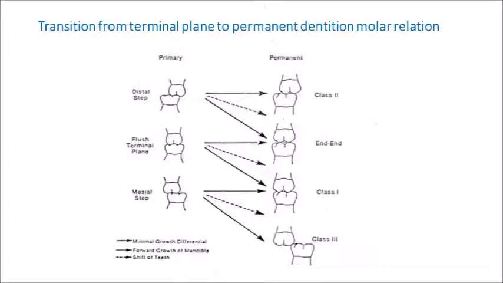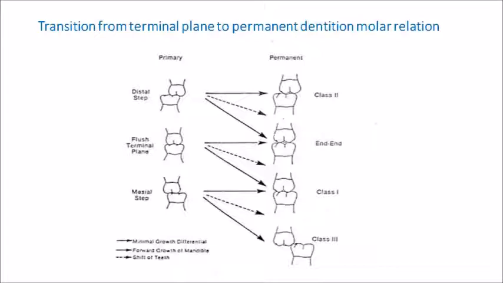So if there is a minimal differential growth, then it can end up in an end-to-end relationship, whereas if there is a forward growth of the mandible, it can end up in a class 1 molar relationship. Whereas if there is a shift of the teeth, it can also slightly move on to a class 1 molar relationship. But if there is a minimal growth differential, the flush terminal plane will always end up in an end-to-end relationship.